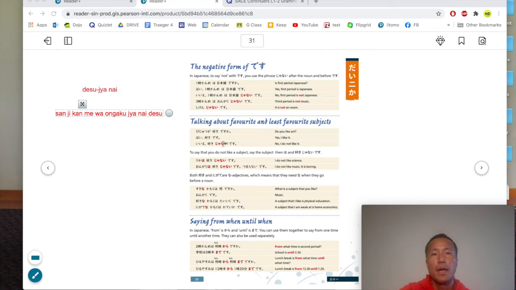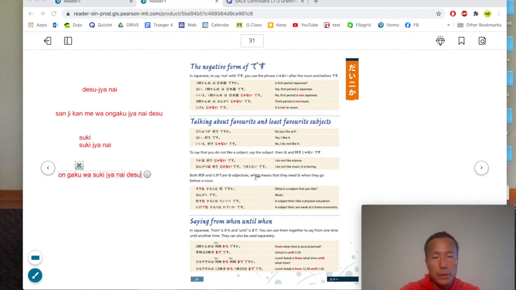Now, next one is talking about your favorites. 好き is favorite. So the negative is 好きじゃない. For example, this one right here says 音楽は好きじゃないです.